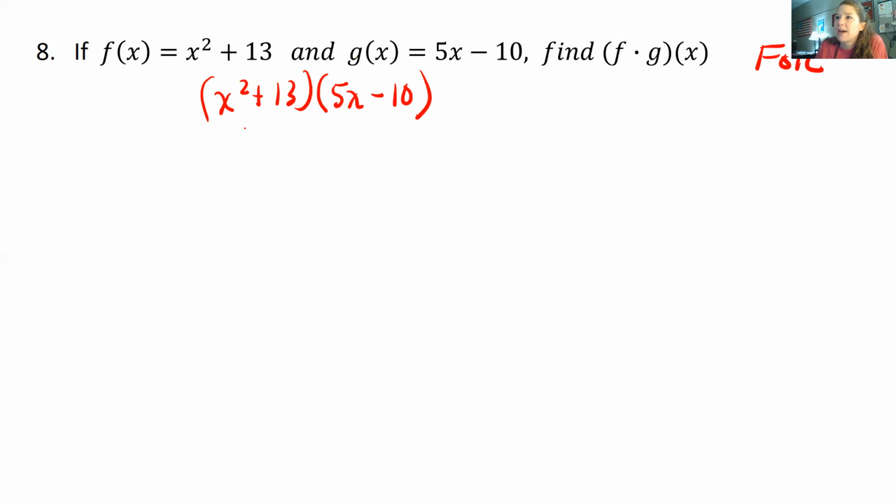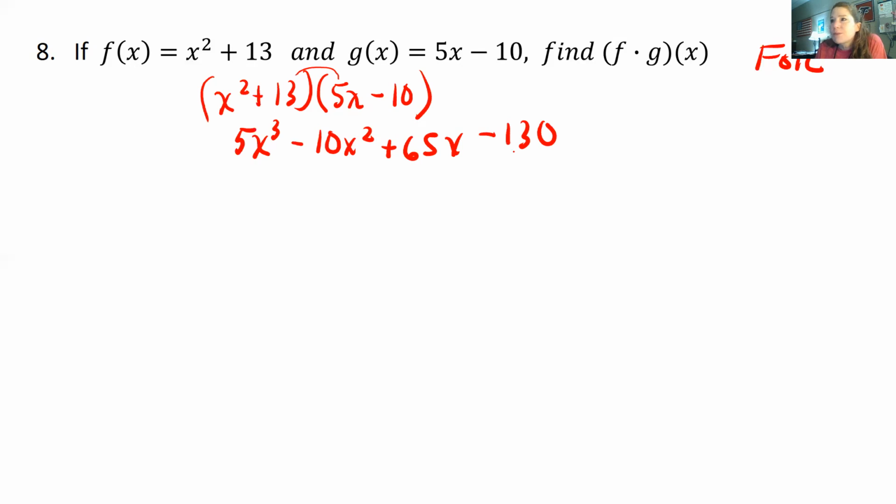So x squared times 5x is 5x to the third. Our outside, -10 times x squared is -10x squared. Our inside terms, 13 times 5 is what? 65. So we're going to do plus 65x. And then 13 times -10 is -130.